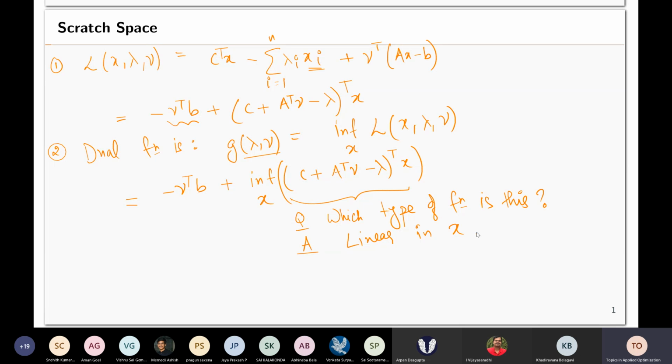Okay, so this is a linear function in x. What is the infimum of a linear function? So what do you think will be the infimum of a linear function?